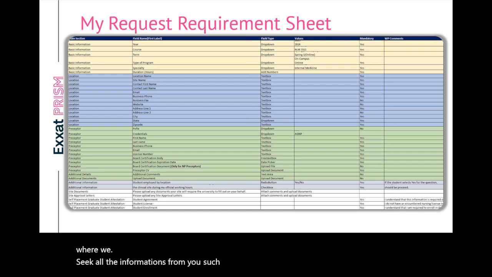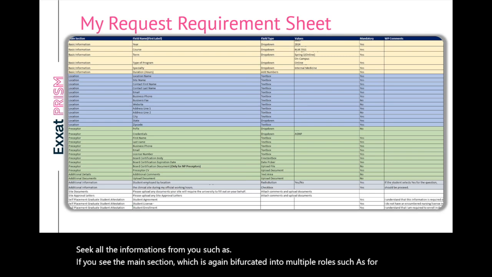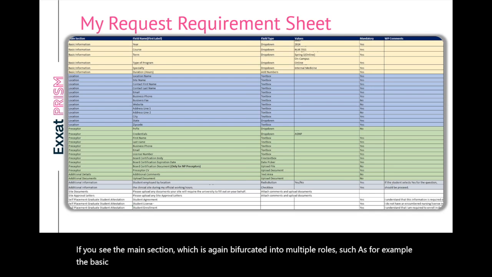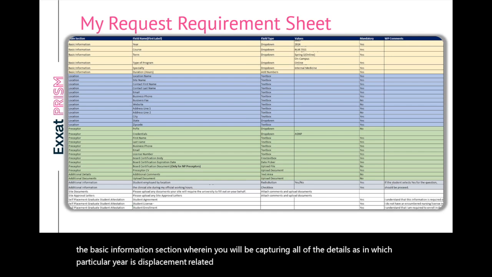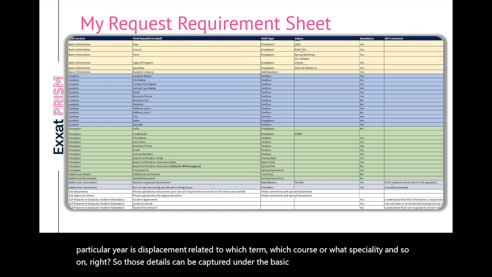The main section is bifurcated into multiple rows, such as the basic information section, wherein you capture details such as which year this placement is related to, which term, which course, or what specialty, and so on. So those details can be captured under the basic information section.